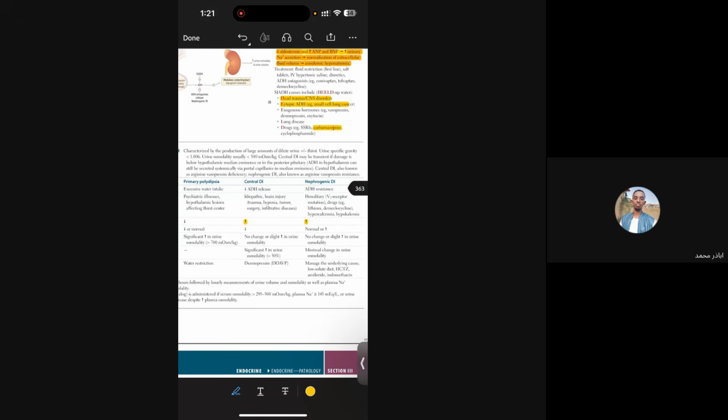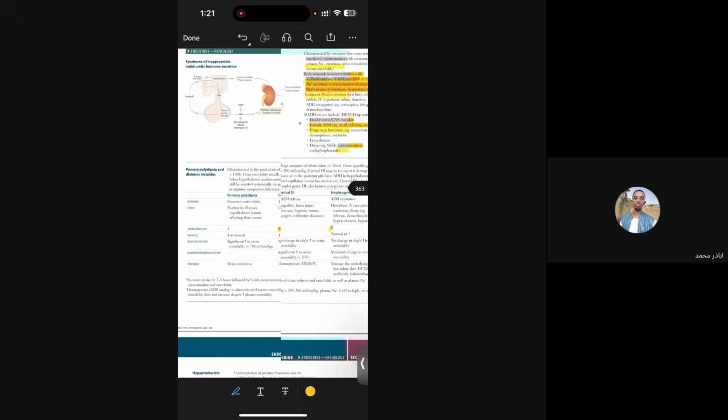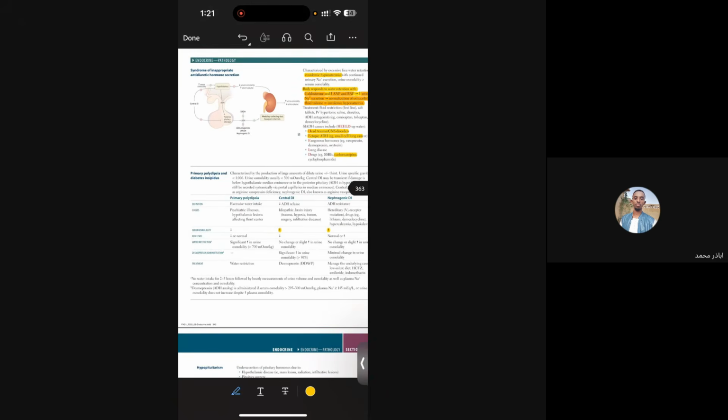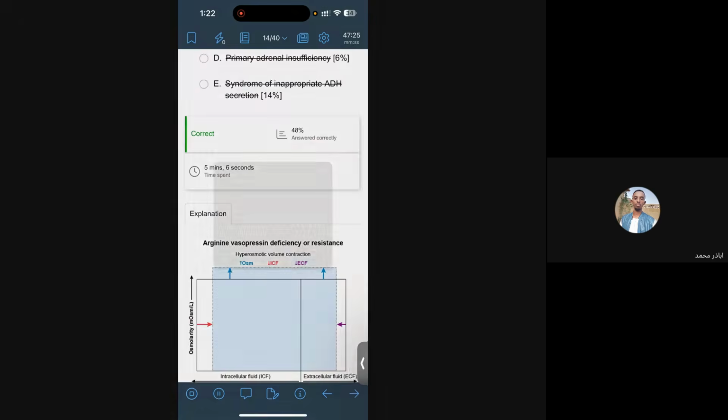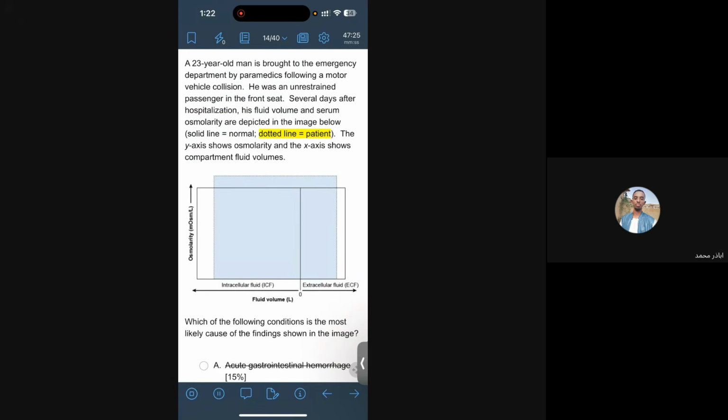And because we are seeing a large amount of water loss in the urine, the fluid volumes are going to be decreased, which is much more consistent with this graph.